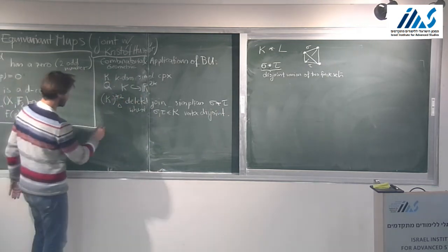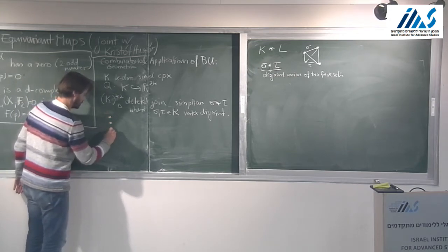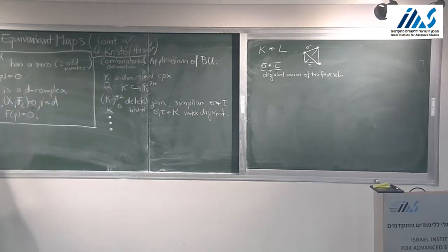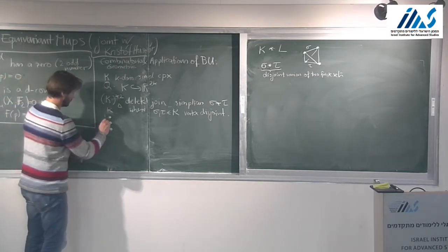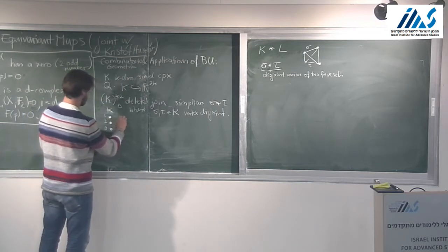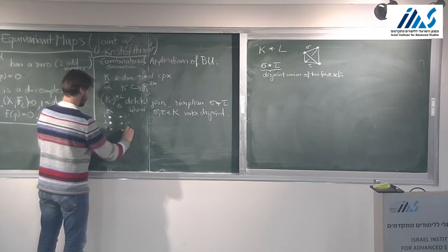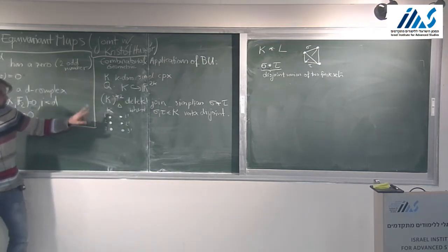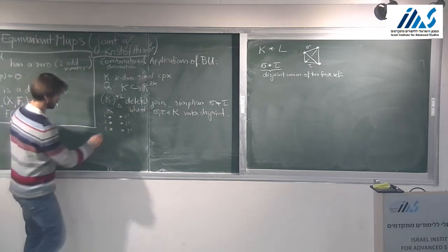So let's do a tiny example, the only one I can really draw. Let's suppose this is K. It's just a zero-dimensional simplicial complex, a set of three vertices, 1, 2, 3. And here's another copy of K. Now the deleted join is you join any pair of simplices that are originally disjoint, so that have distinct labels.